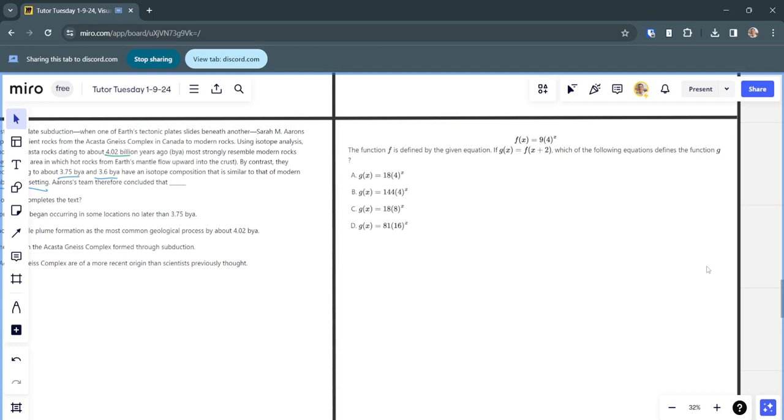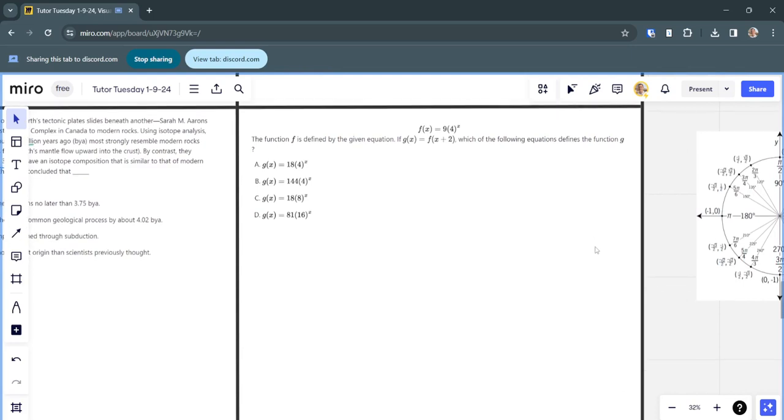Okay, next one, I have another math one. The function f is given by the defined equation. If g of x equals f of x plus 2, which of the following equations defines the function g?